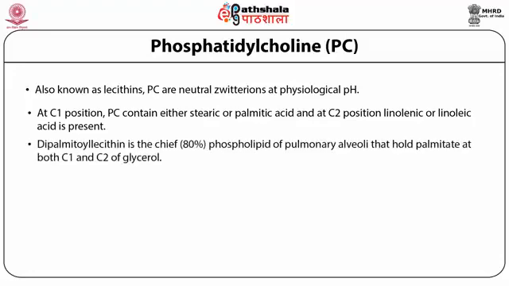Dipalmitoyl lecithin is the chief phospholipid of pulmonary alveoli that holds palmitate at both carbon 1 and carbon 2 of glycerol. The synthesis of lecithins or phosphatidylcholine occurs in the following steps.